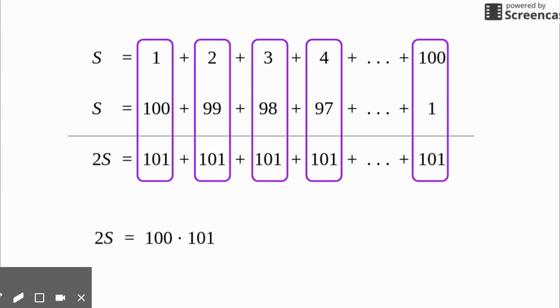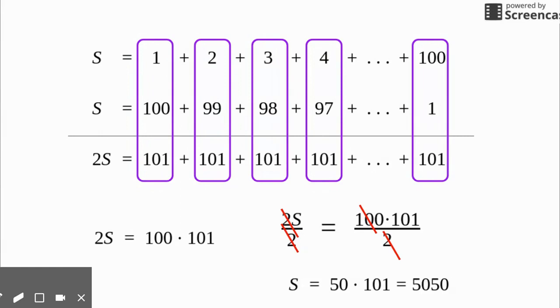So 2s is equal to 100 times 101. We can divide both sides by 2, and we get s is equal to 50 times 101, or 5,050.